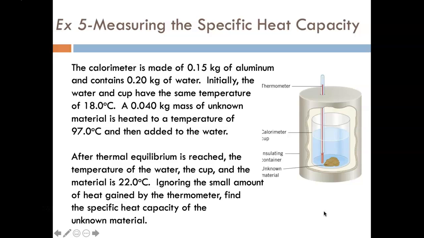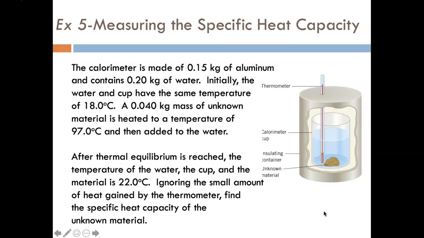So this is a calorimetry problem, and we're going to set it up heat lost equals heat gained. And it doesn't really matter what you're being asked to find, because once you fill out those whole equations in heat lost equals heat gained, and then you expand them and fill in what you know, the only thing left over will be the thing we're looking for, which is the specific heat capacity of the unknown material.